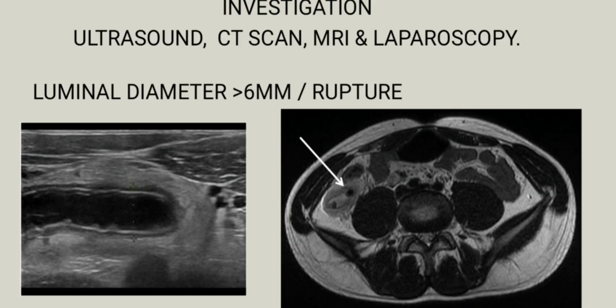So, moving on, we go to investigation. The main investigation in appendicitis is radiological, though blood investigations are also done, like the complete blood count, which may show neutrophilia, but this is not specific to appendicitis, as neutrophilia can be seen in other conditions.